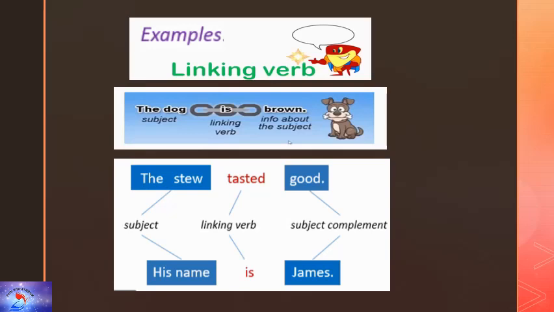Stew is the subject, good is the subject complement, and these two are linked using the linking verb tasted. In the same way, in the third sentence, his name is James. His name is the subject and James is the subject complement, and is is the linking verb between subject and subject complement.